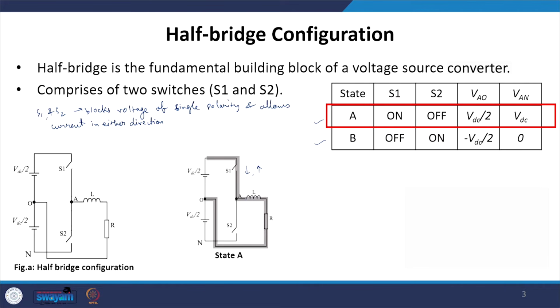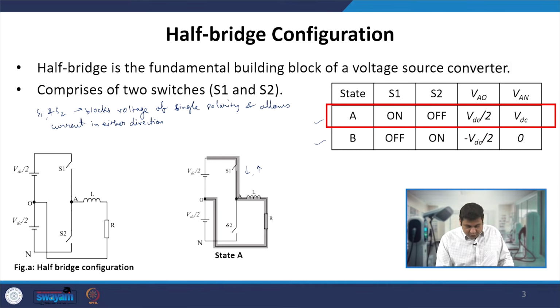Now this half bridge configuration, irrespective of the direction of load current, can impose voltage at its pole having magnitude same as that of the voltage source. So in this, when S1 is on and S2 is off, the voltage across VAO is nothing but VDC by 2.